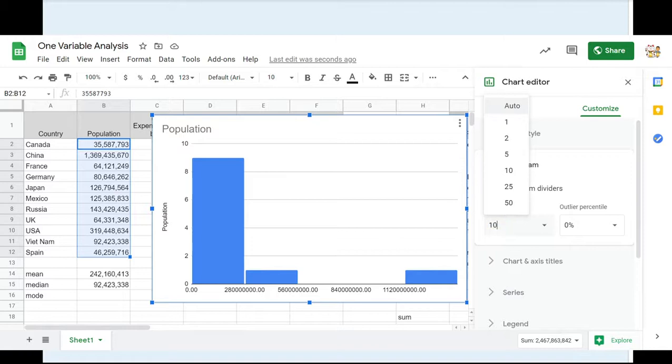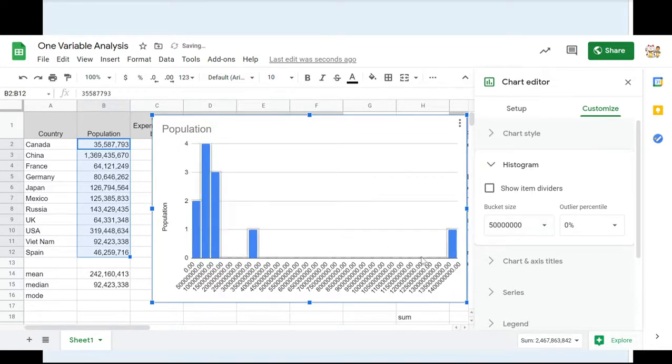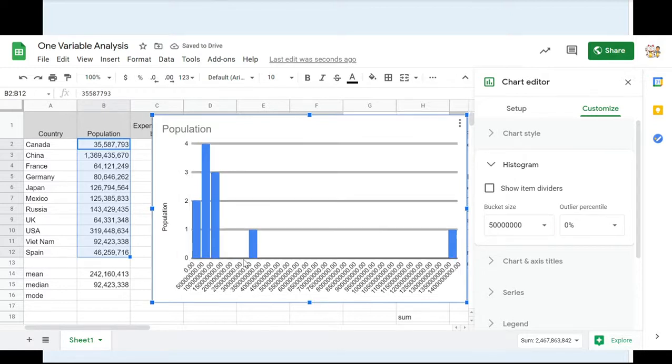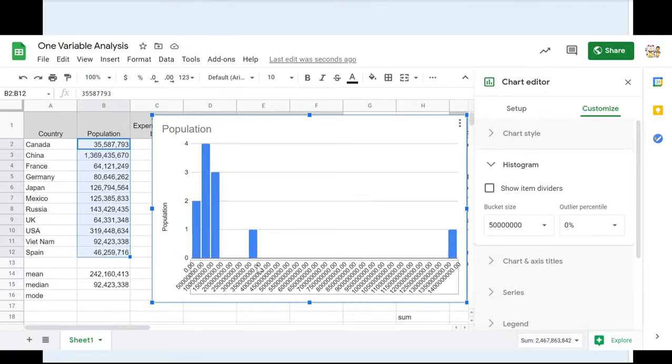So I'm going to change it to, let's say 50 million. So here I have a lot more, or a larger set of intervals, right? We can see down here 0 to 50 million, 50 million to 100 million, 100 million to 150 million, and so on. It's okay that there's gaps, but it does give us a little bit better representation of the modal interval.